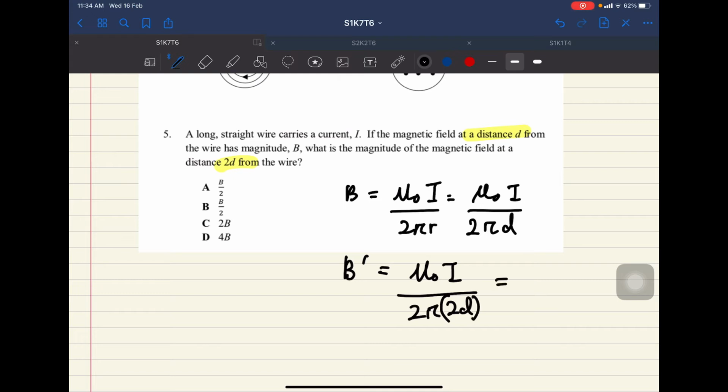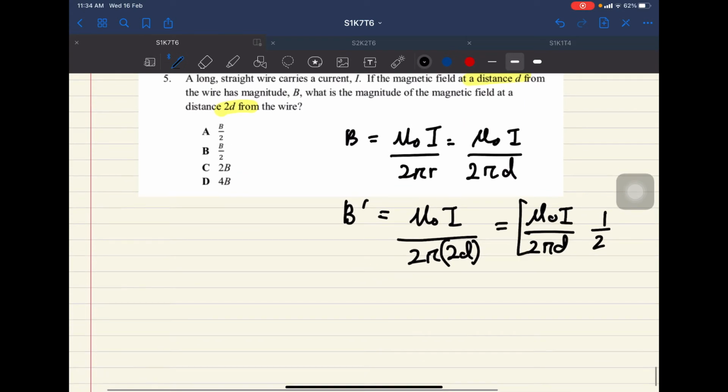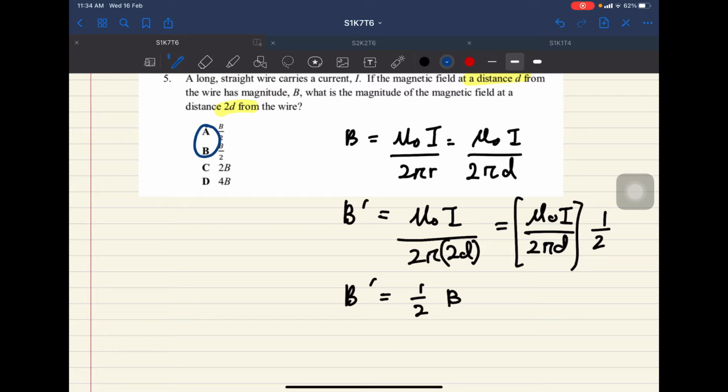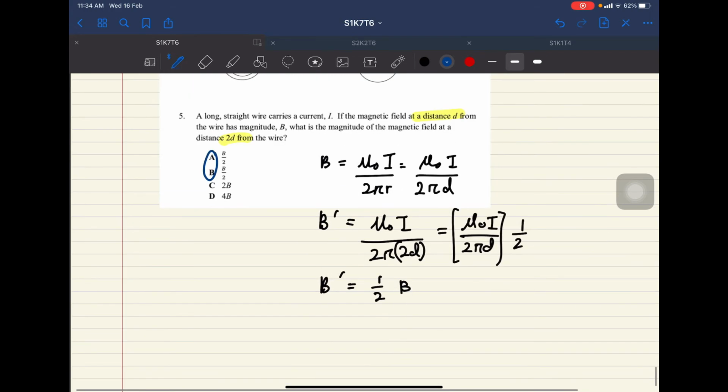If I factorize the 2 there, or half, I get 1 over 2. And this thing is actually equal to the B. So your answer would be A or B. So both answers are correct, same answer. Okay, that's it for this video.